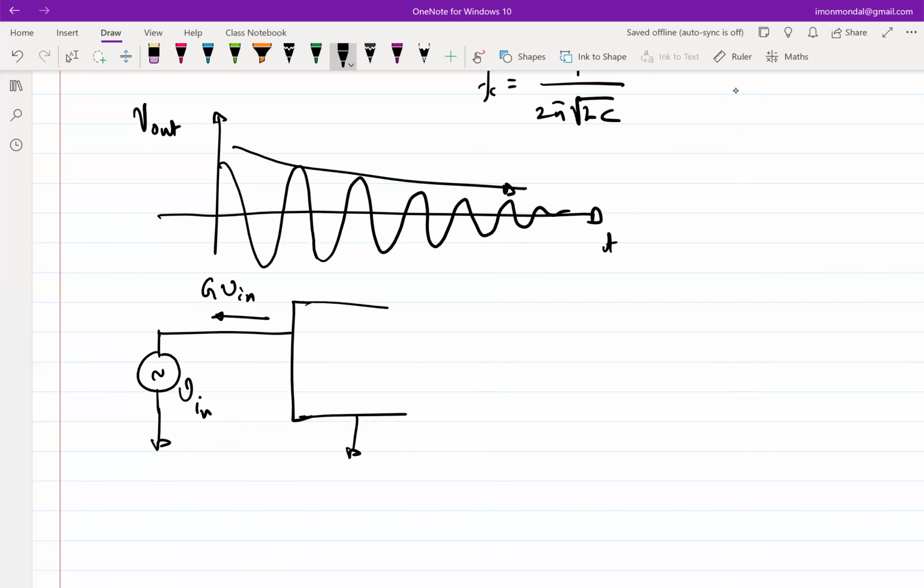Because if the current goes in the opposite direction to that arrow, if it's G times V in, then I'm getting a positive impedance or positive admittance of G. If it flows in the opposite direction, then I'm getting a negative impedance, right?